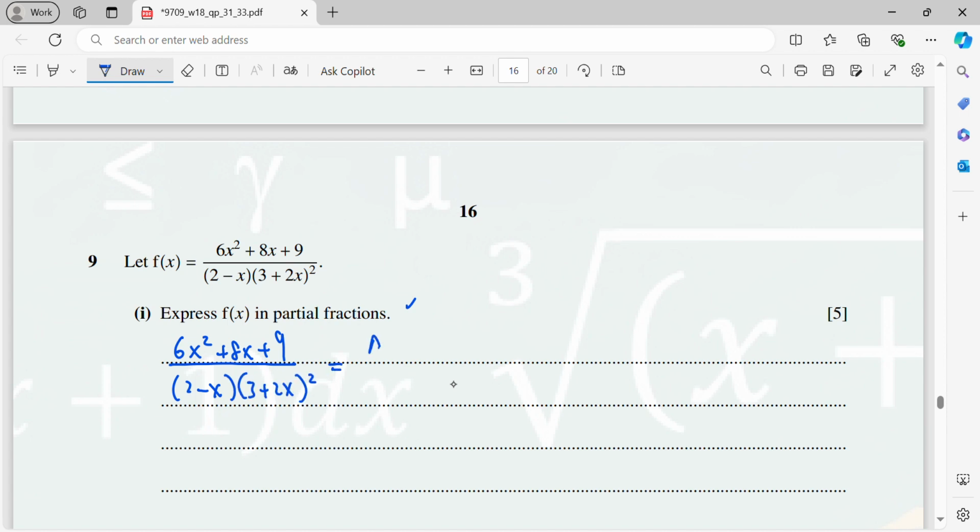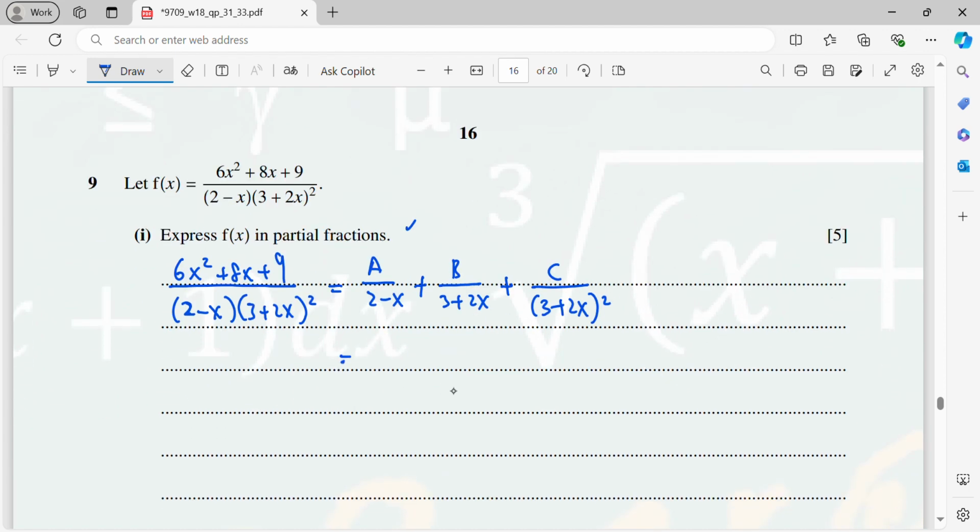This is going to be A over 2 minus x plus, you are given a repeated linear factor, so B over 3 plus 2x plus C over square of 3 plus 2x. And now here we need to get the same denominator as on the left hand side.